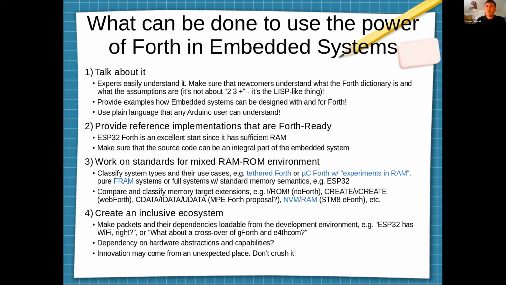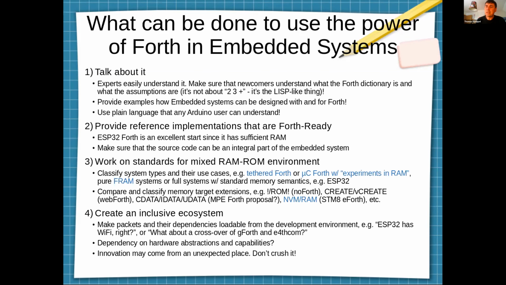So what can be done to use the power of Forth in an embedded system? Here is a modest proposal. First, talk about it. You're Forth experts, of course, and there are a lot of interested new beginners.